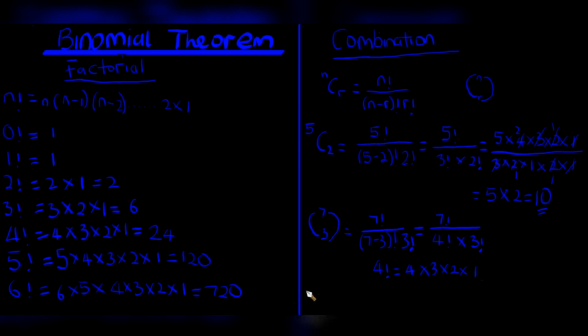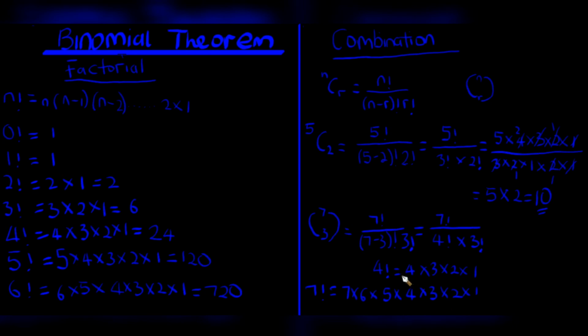Also, let's write out 7 factorial and see what happens. 7 factorial, we can write it out, we start from 7, so 7 times 6 times 5 times 4 times 3 times 2 times 1, right? This would be 7 factorial, and this at the top here would be 4 factorial.